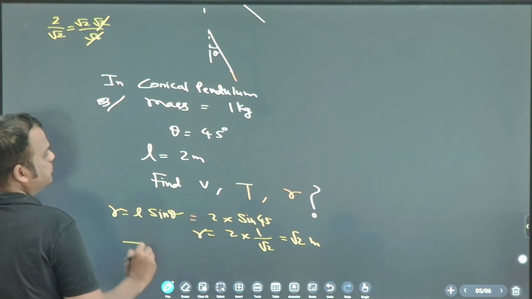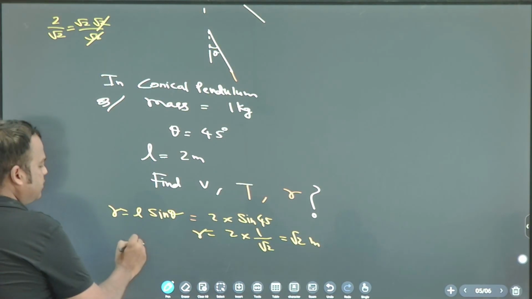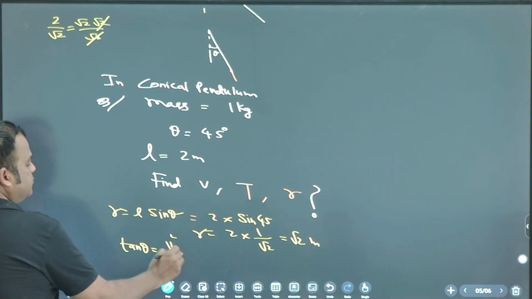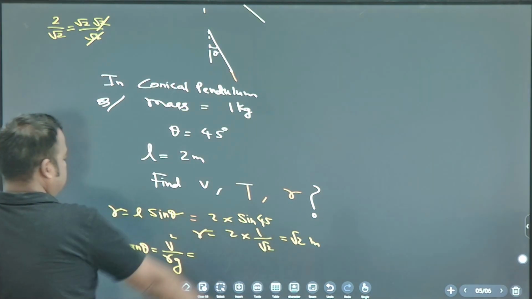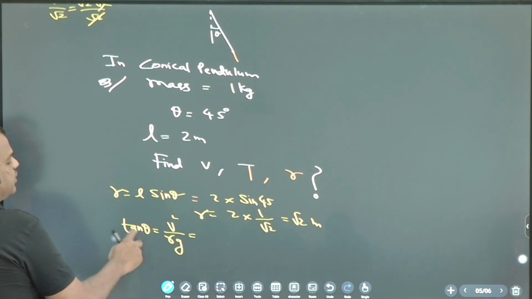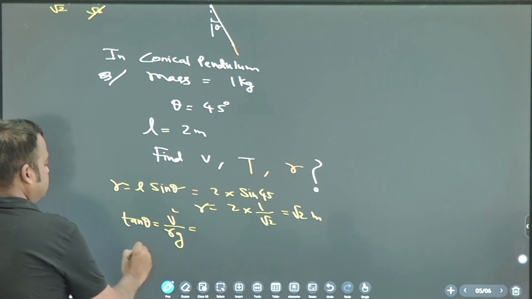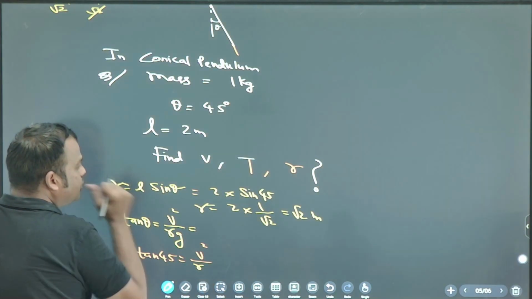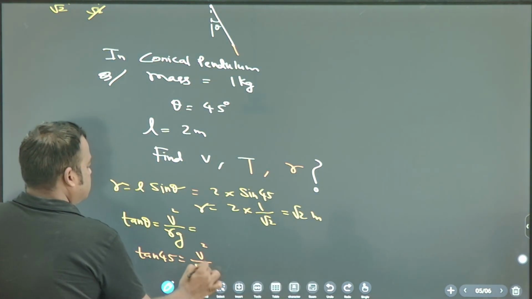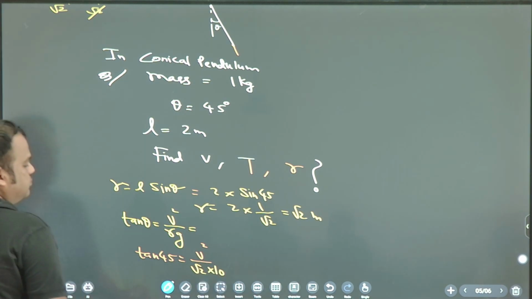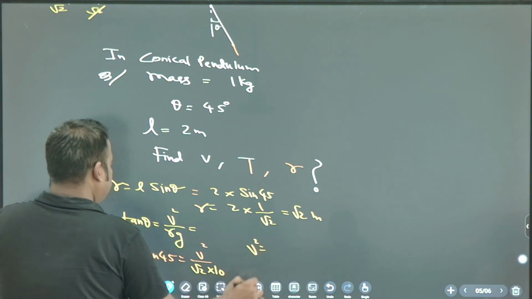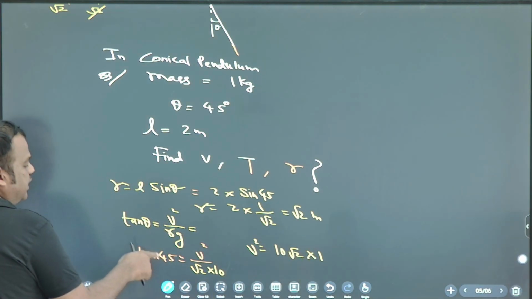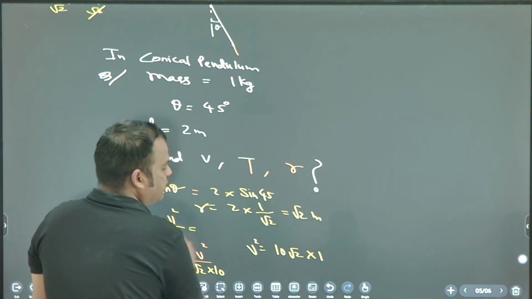Now how to find speed? You can use the tan theta formula. What is the tan theta formula? V square by Rg. R you got. And what is tan 45? Theta is 45. So tan 45 is V square by Rg. R is root 2, g is 10. So what is V square? 10 root 2 into 1, correct? Tan 45 is 1.